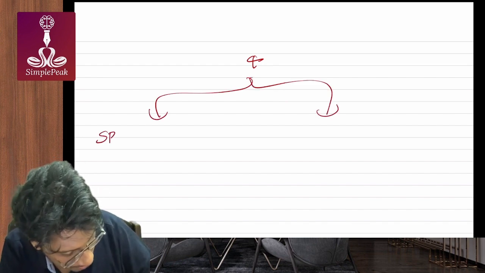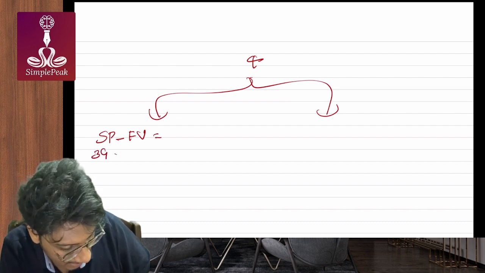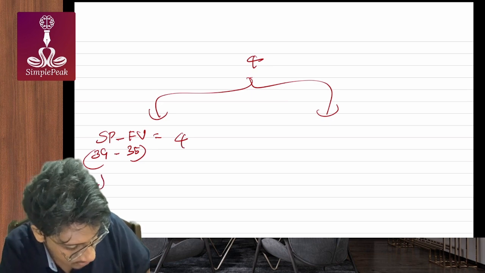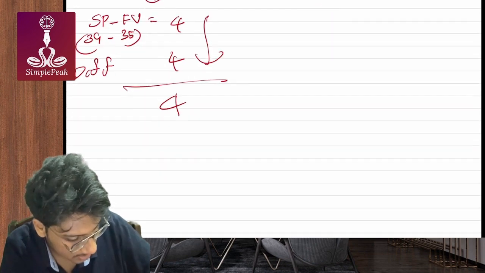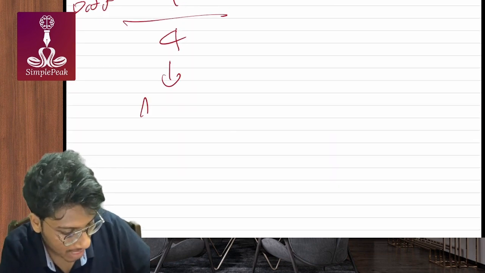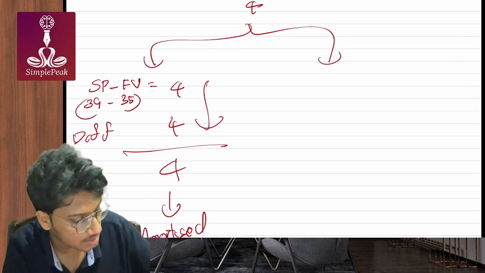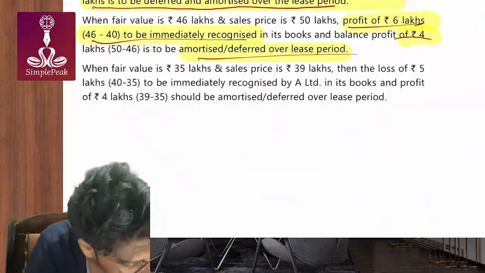So sale price minus fair value, 39 minus 35, comes to 4. Difference 4, whichever is lower, 4. This needs to be amortized. Balance is 0.